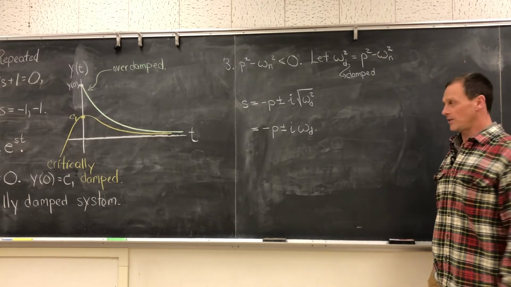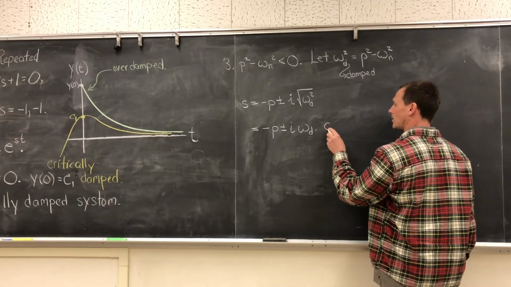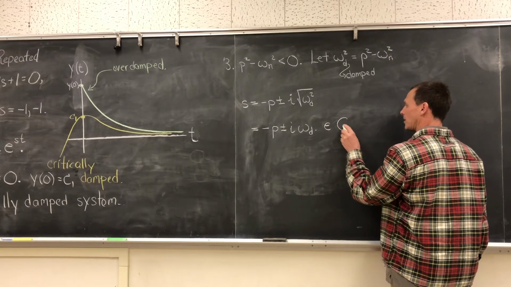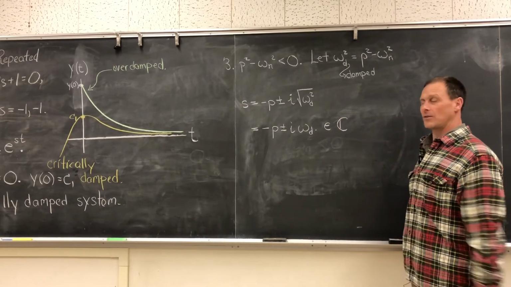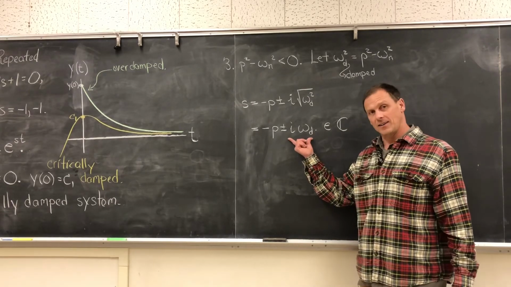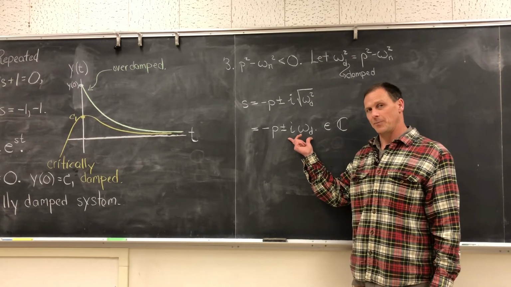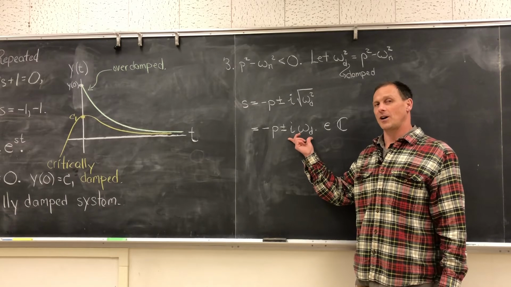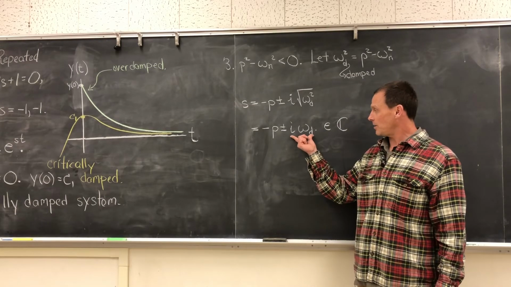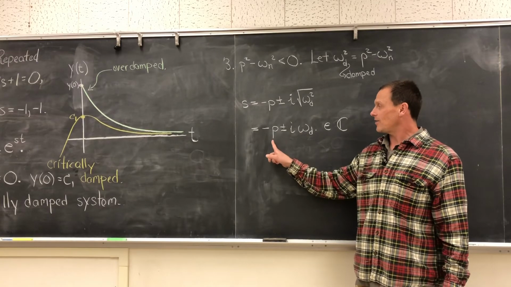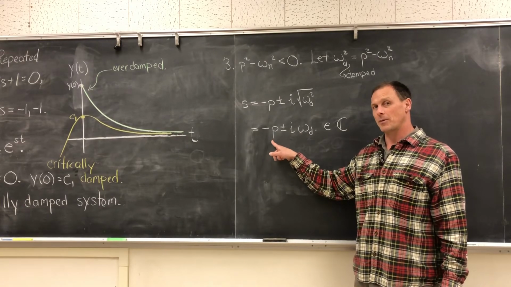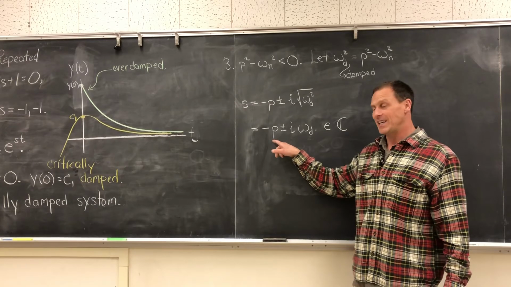So notice this is in the complex numbers. Because this is a complex number, there's going to be a sine and a cosine factor here. So our system is going to oscillate based on i omega d, and at the same time it's going to be approaching 0 because you're going to have an e to this.